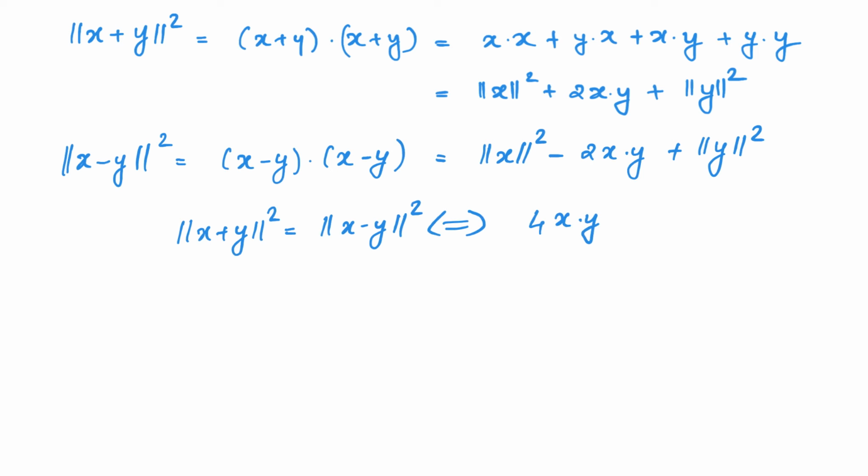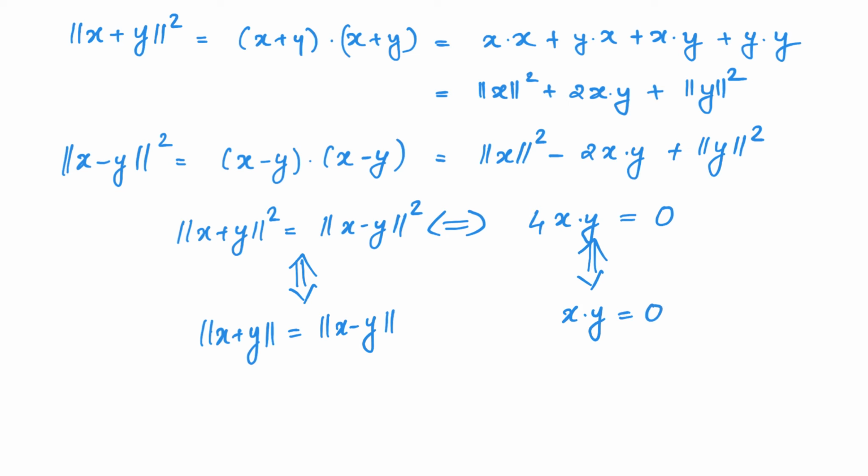Further notice that as norm of a vector is positive, norm of x plus y whole square is equal to norm of x minus y whole square if and only if norm of x plus y is equal to norm of x minus y. Further, 4 times x dot y is 0 if and only if x dot y is equal to 0.